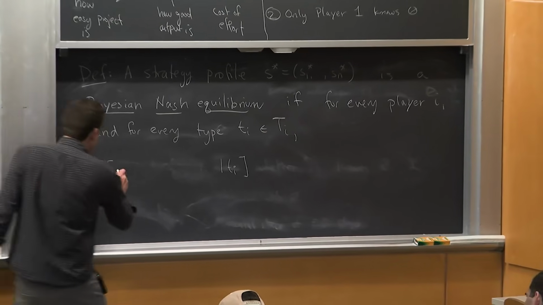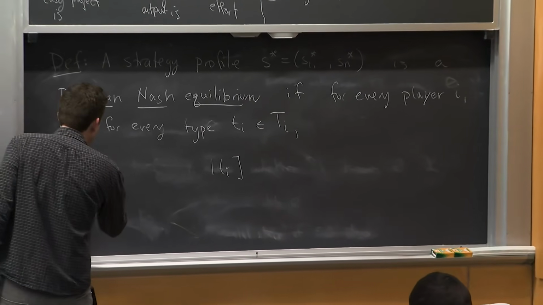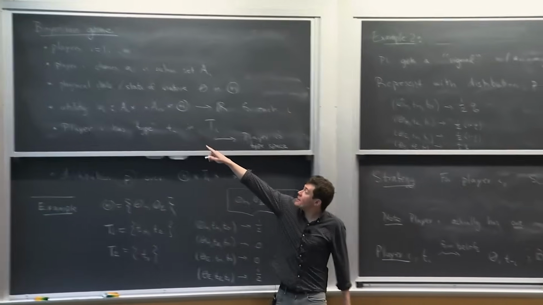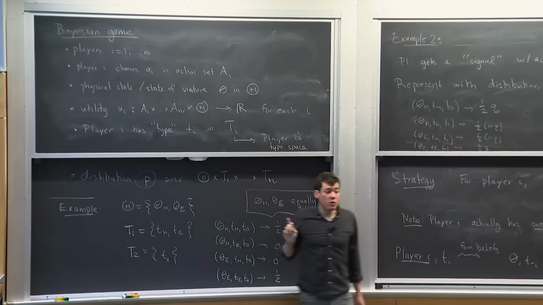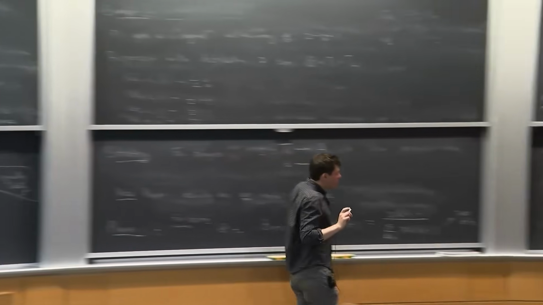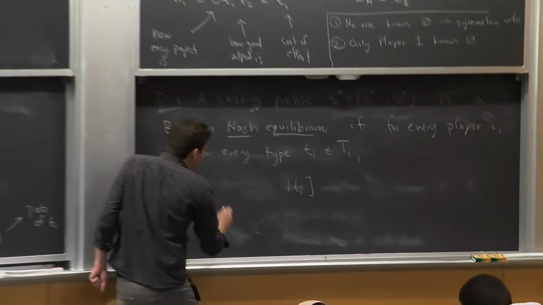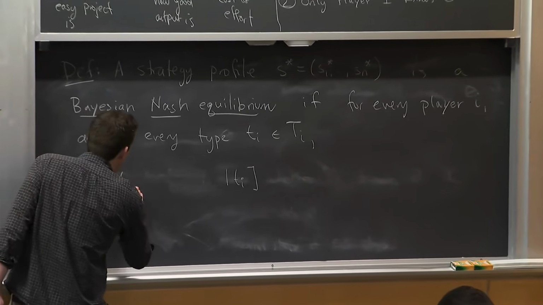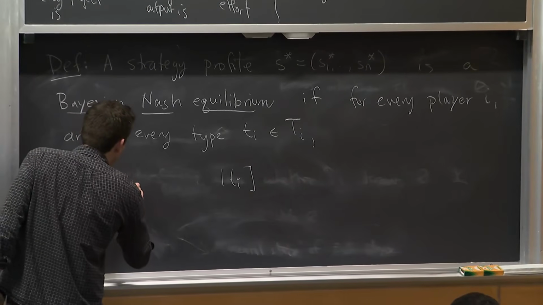It's going to be my payoff. I'm player i. My payoff depends on the actions that we all take and the state of nature. Player 1's action is going to be s1 star of t1.